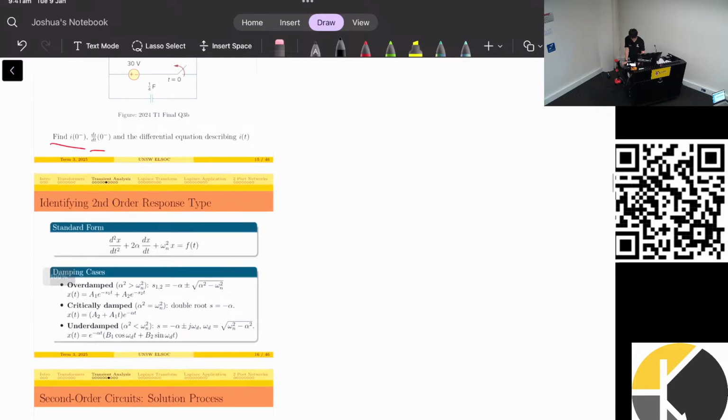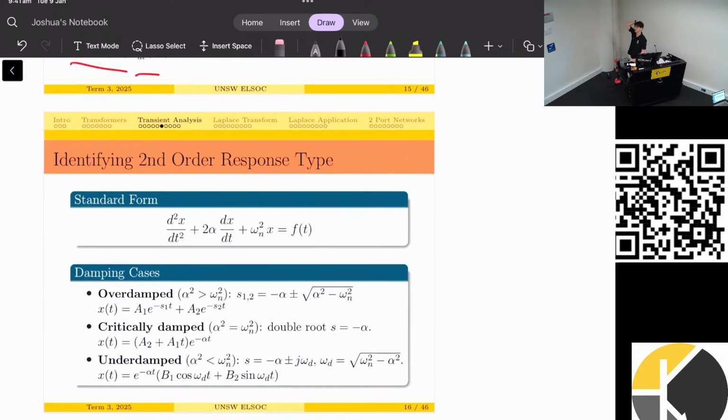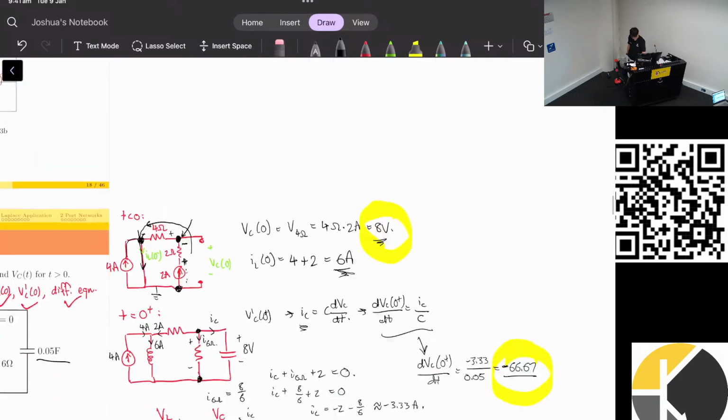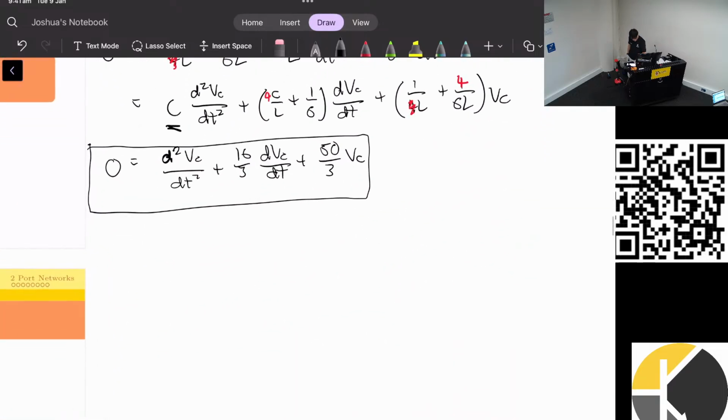So after we get our differential equation, the next thing we have to do is figure out what type of response we have. The way we figure that out is by looking at this term here and this term here in our differential equation. So quickly I might jump over to what we have. This 16 on 3 is our 2 alpha, and this 50 on 3 is our omega n squared.